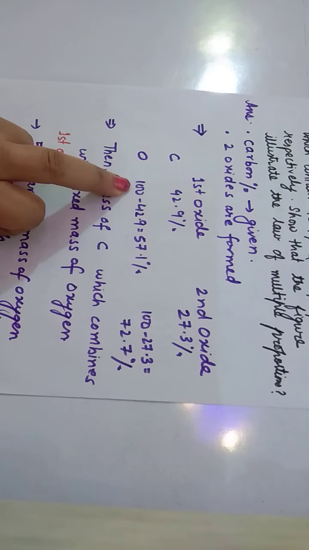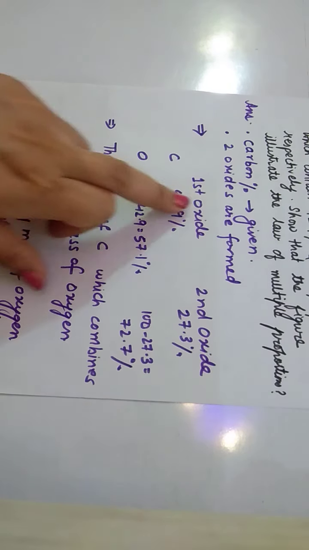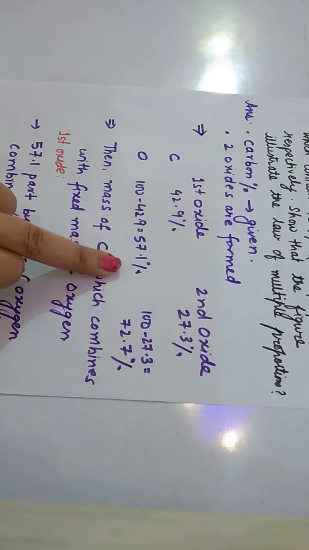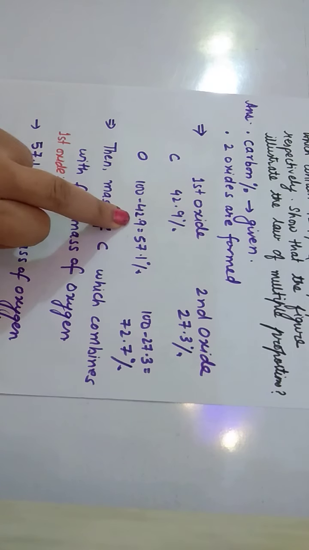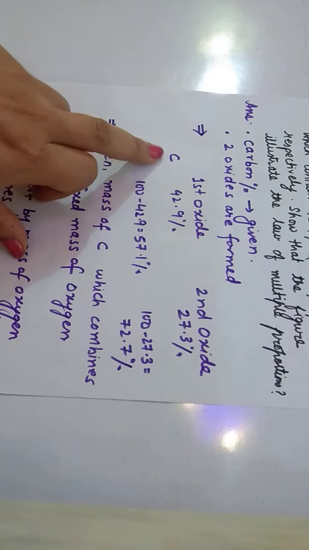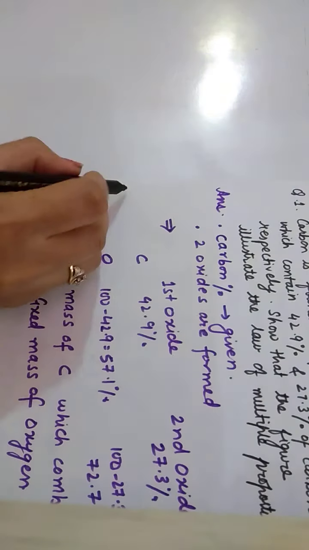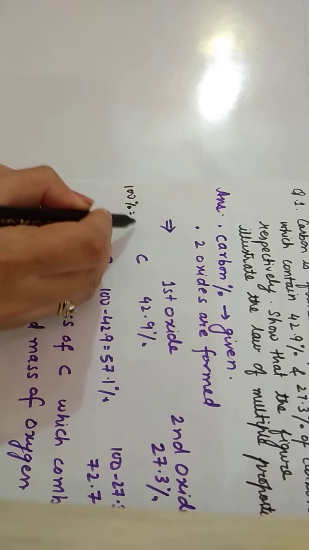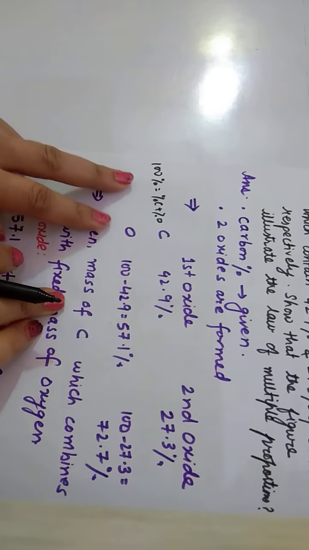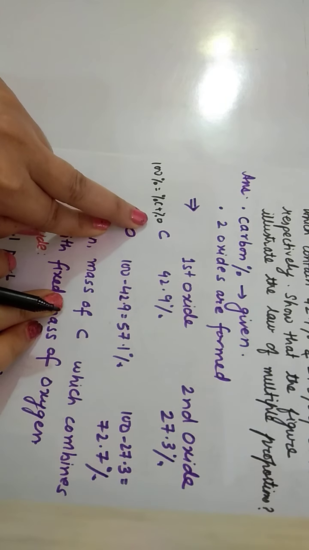So what will be the percentage of oxygen, as the oxide is formed by combining carbon and oxygen? To take out the percentage, we'll do 100 minus 42.9. It will give the percentage of oxygen, because 100% is made up of the percentage of carbon and the percentage of oxygen. So it will be 100 minus the percentage of carbon, which gives you the percentage of oxygen.